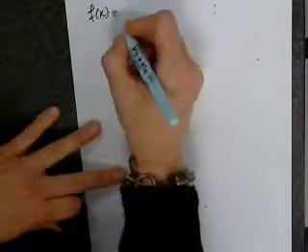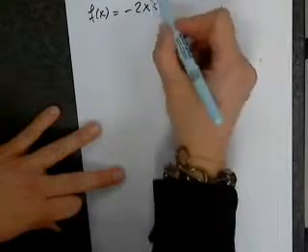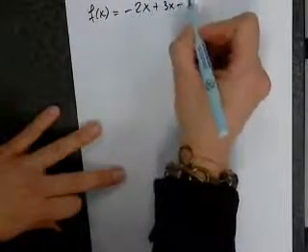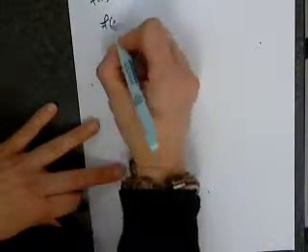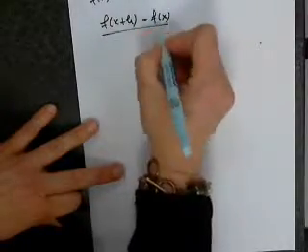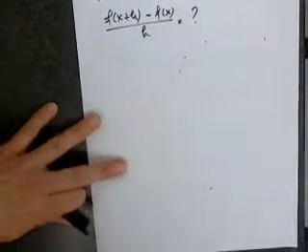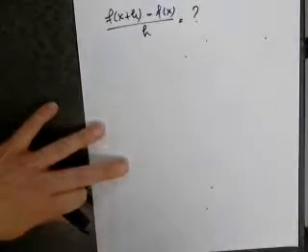So let's say f of x equals negative 2x squared plus 3x minus 8. The difference quotient will be given to you: f of x plus h minus f of x, divided by h. We're asked to determine it and simplify it.